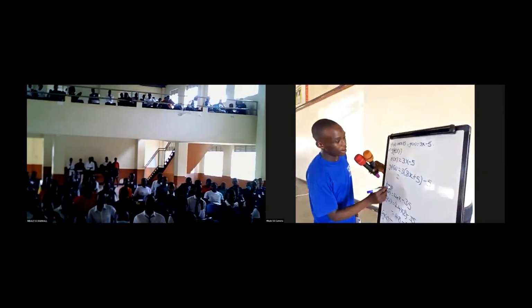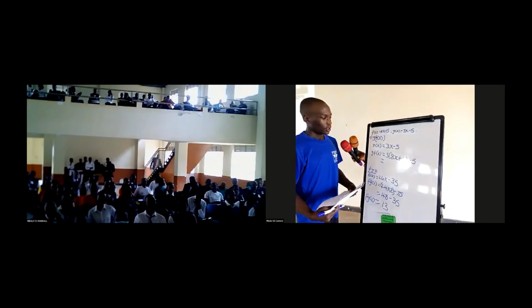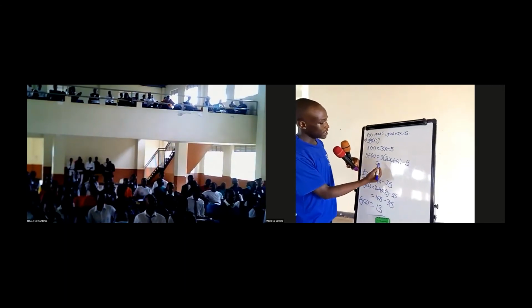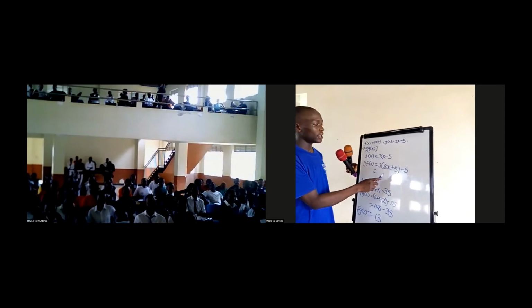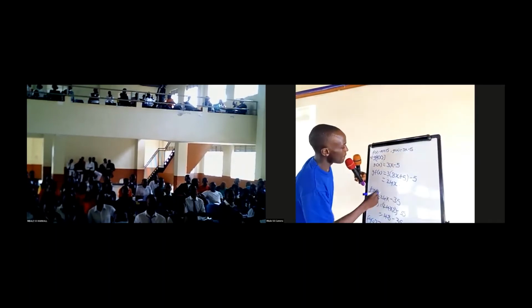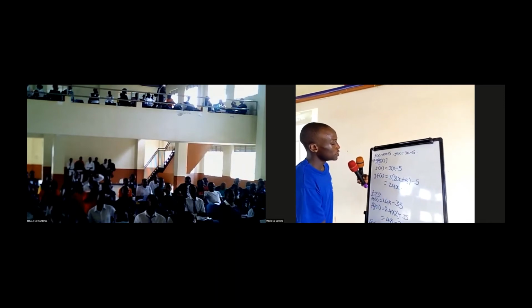Now I continue by opening the brackets. When I'm opening the brackets, I multiply the term outside the bracket with every item inside the bracket. This is 3 times 8x, I get 24x, then plus 3 times 5, which is 15, then minus 5.